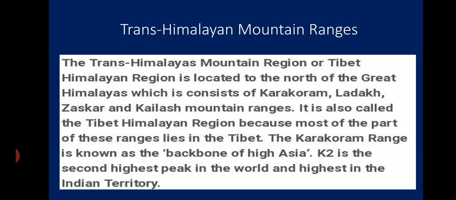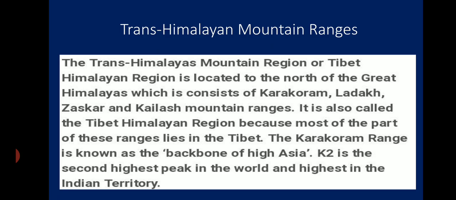Then comes the Trans-Himalayan mountain ranges. The Trans-Himalayan mountain ranges are the Himalayan region that is located in the north of the Greater Himalaya. It consists of many important ranges like Karakoram, Ladakh, Zaskar, and Kailash mountain range.